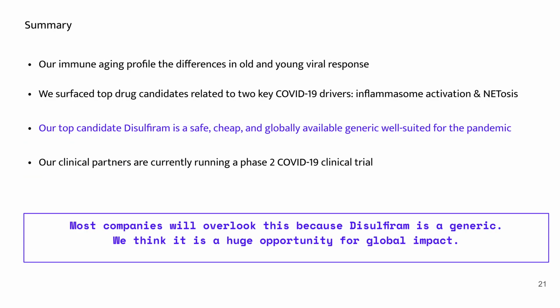Our multi-phenotype aging profile is able to understand many differences in the young and the old viral response. Using this profile, we surfaced the top candidates related to two key drivers of COVID-19: inflammasome activation and netosis.